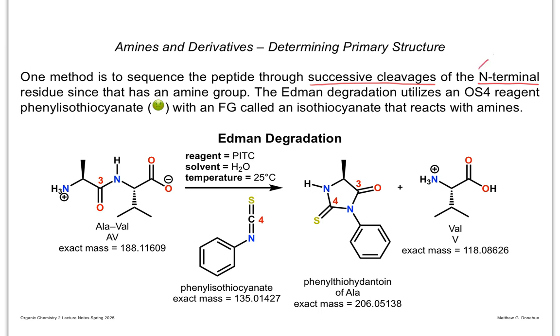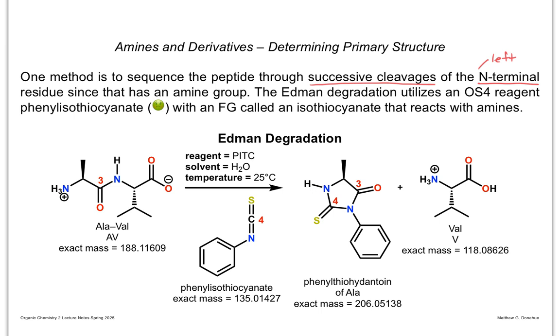That's the left side of the sequence. You have this long sequence, you're starting at the left side, and you're chopping off that N-terminal residue, 1 amino acid at a time.